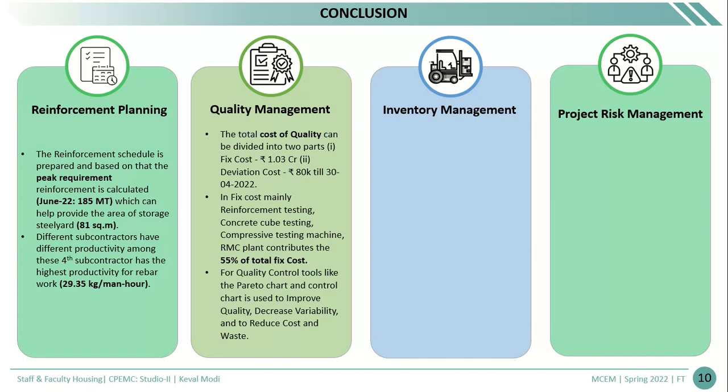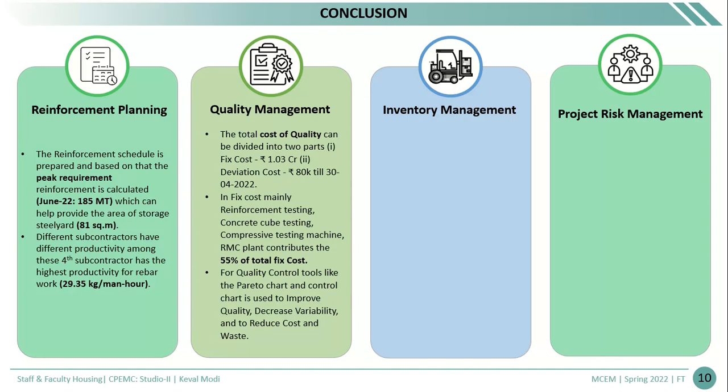In quality management, mainly the cost of quality is calculated, and along with it, the types of tools we can use for quality control are proposed. The cost of quality management is coming around 1.03 crores, which is fixed cost, and in deviation cost, the 80,000 cost of 7 NCRs is calculated till 30 April 2022.